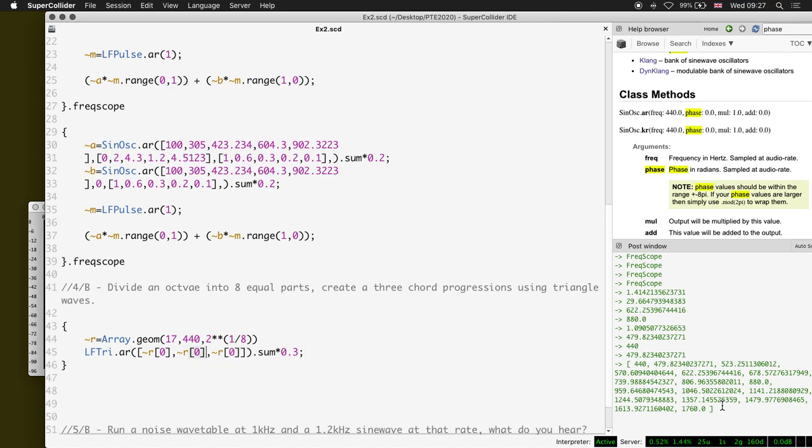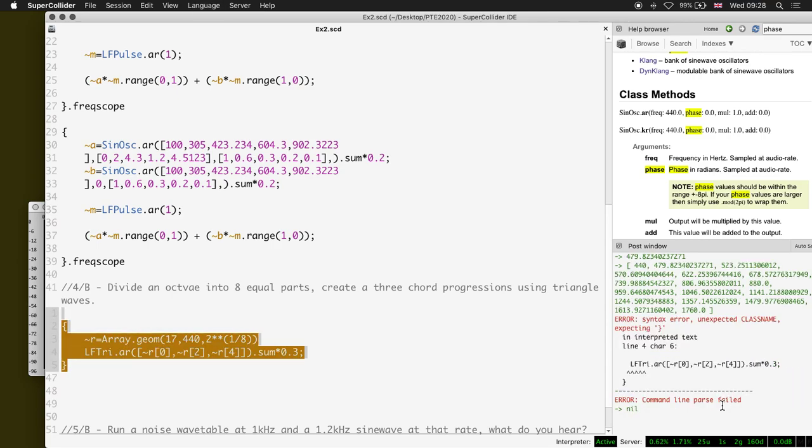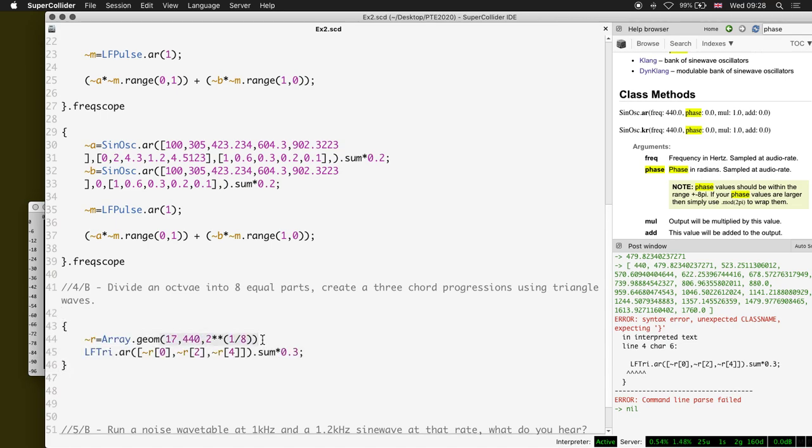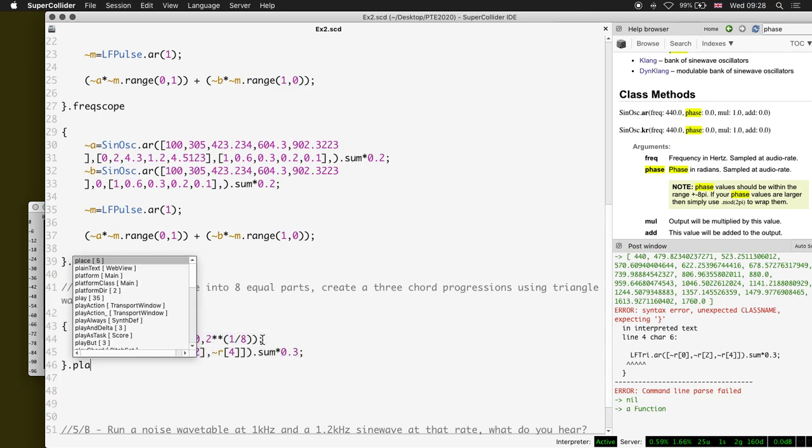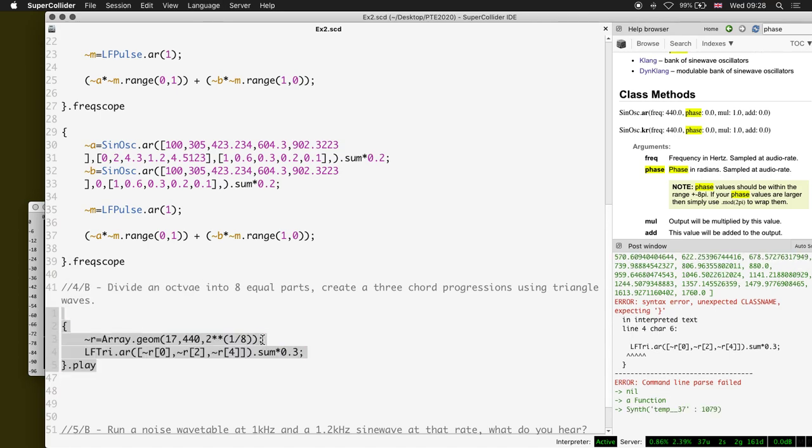So let's hear the first, the third, and the fifth. That would be a kind of a musical thing, hopefully. Okay, so what are we missing there? Semicolon here. A function that we want to play. Great.